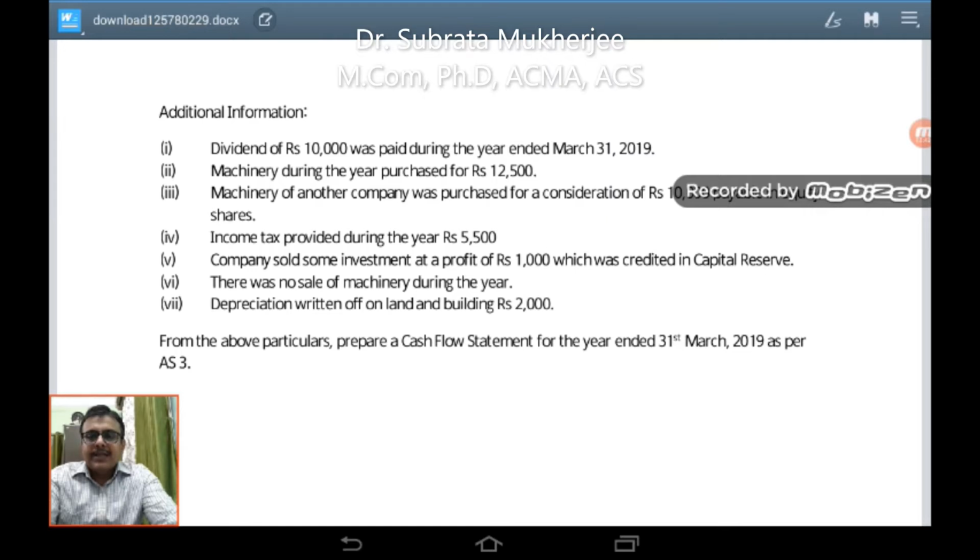Income tax provided during the year rupees 5,500. Company sold some investment at a profit of rupees 1,000, which was credited to capital reserve. There was no sale of machinery during the year. Depreciation written off on land and building rupees 12,000. From the above particulars, prepare a cash flow statement for the year ended 31st March 2019 as per AS3.